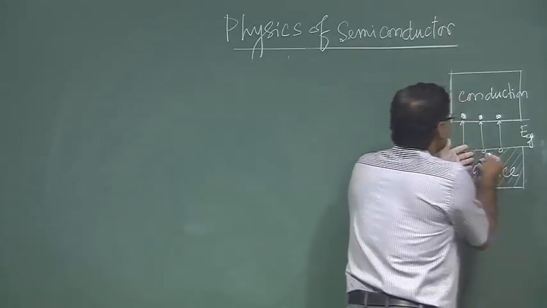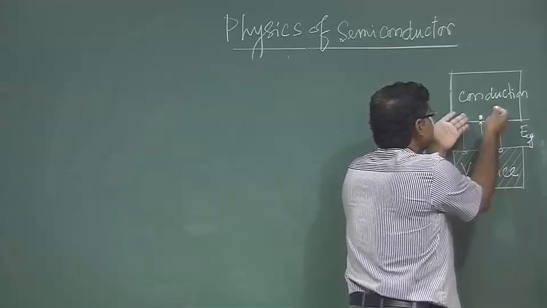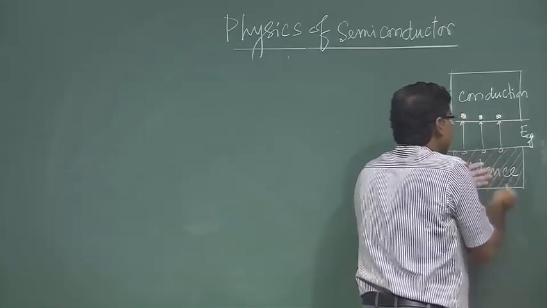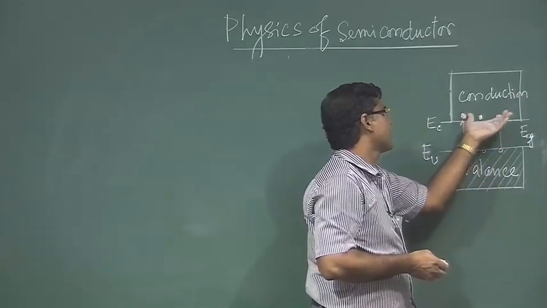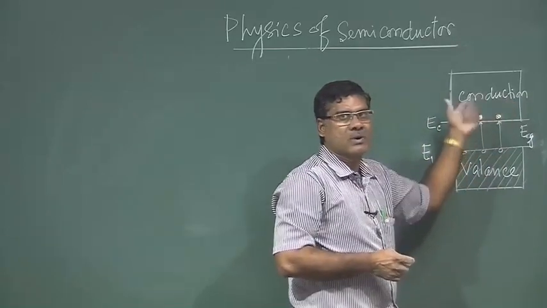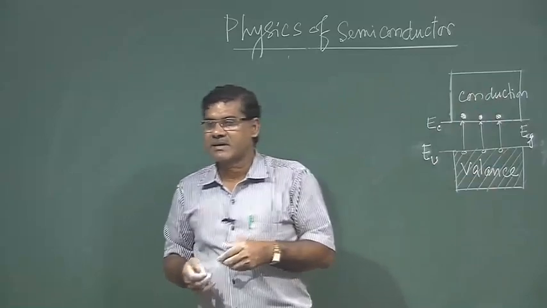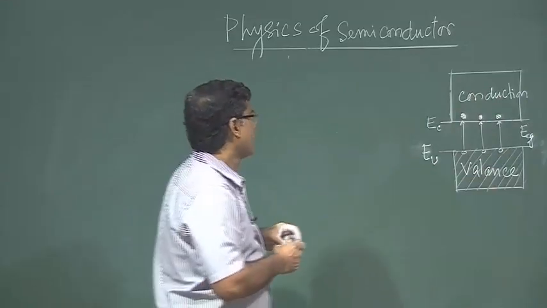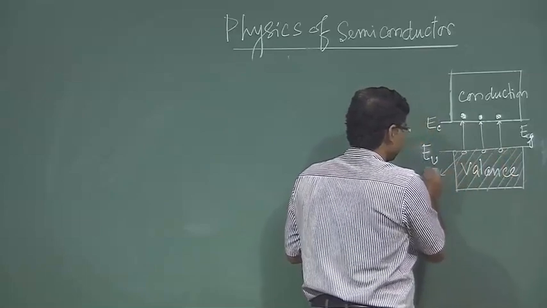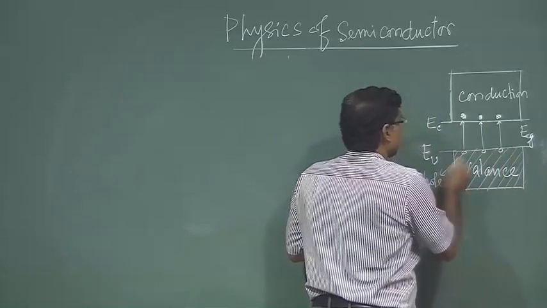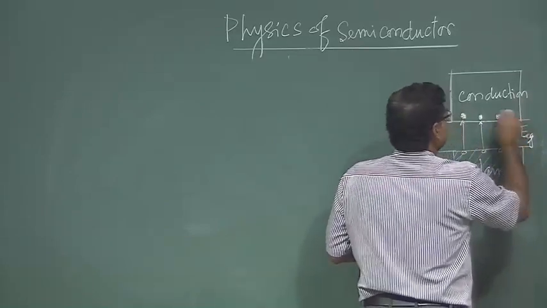So now, this absence of electron here will behave as a hole and this will behave as a conduction electron. So, two types of carrier will be present in a semiconductor, one is hole and another one is electron.